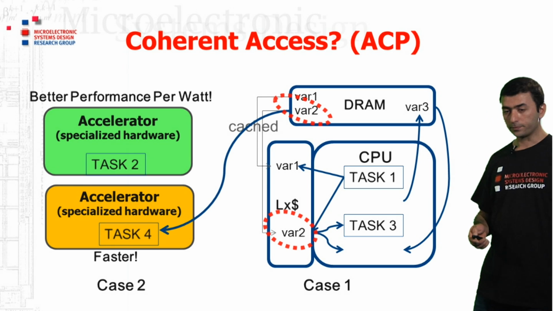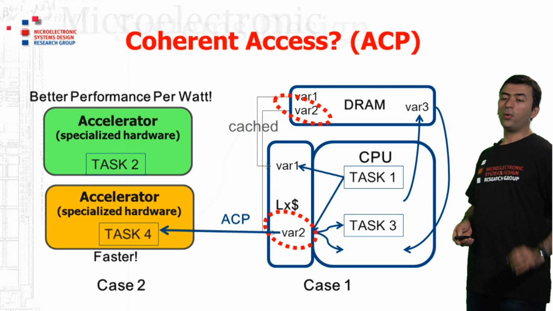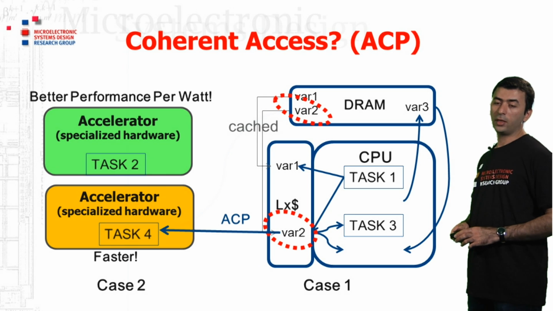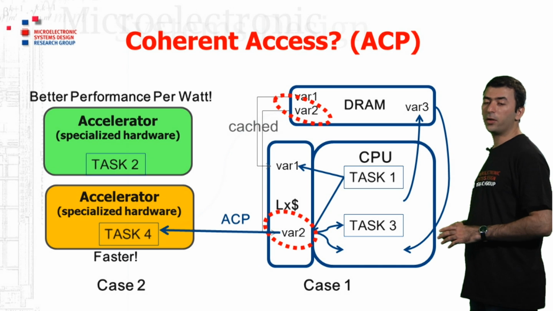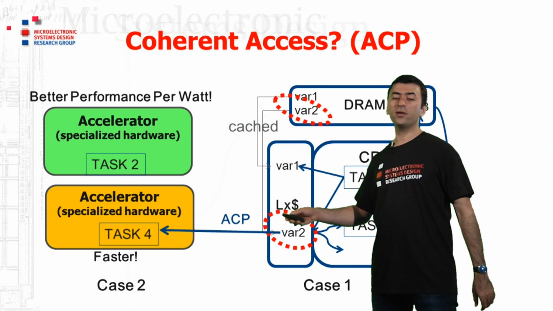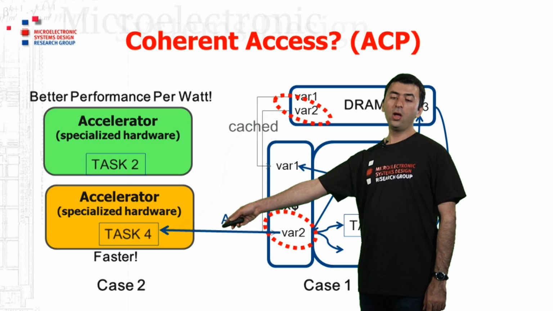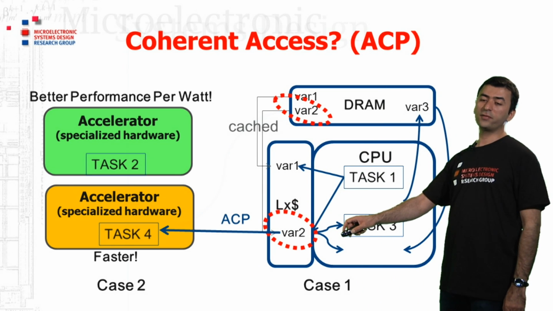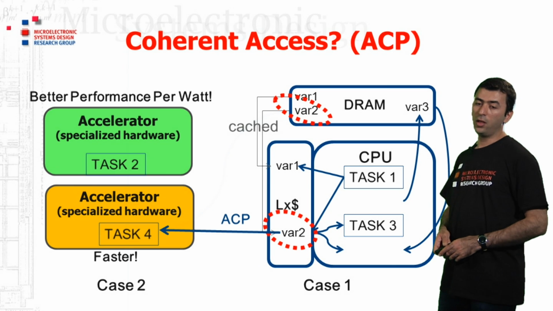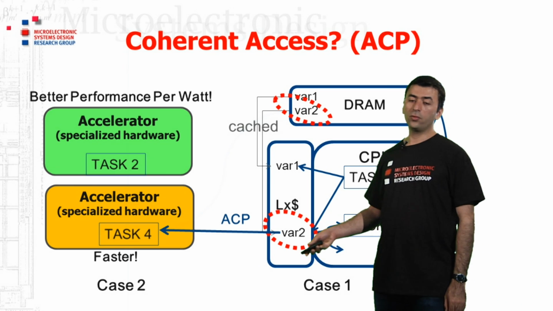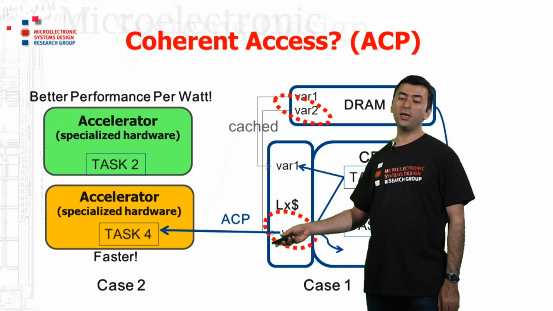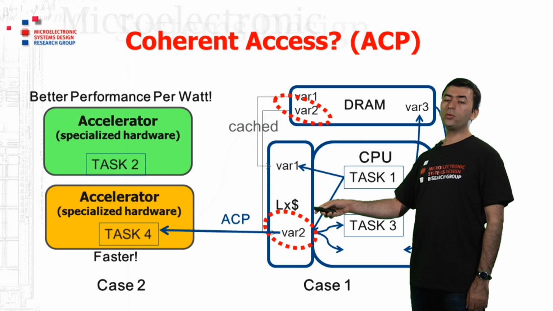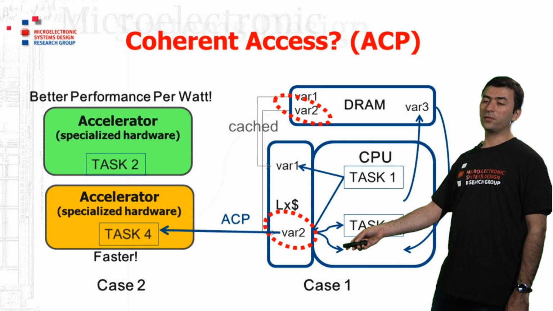But what the accelerator coherency port allows you to do, in fact, is to let the accelerator have access to the contents of the cache directly. So the accelerator, instead of going to the DRAM to read variable 2, goes directly to the caches of the CPU.